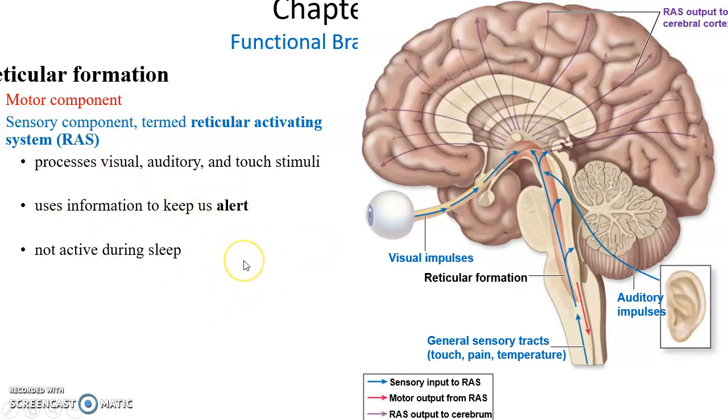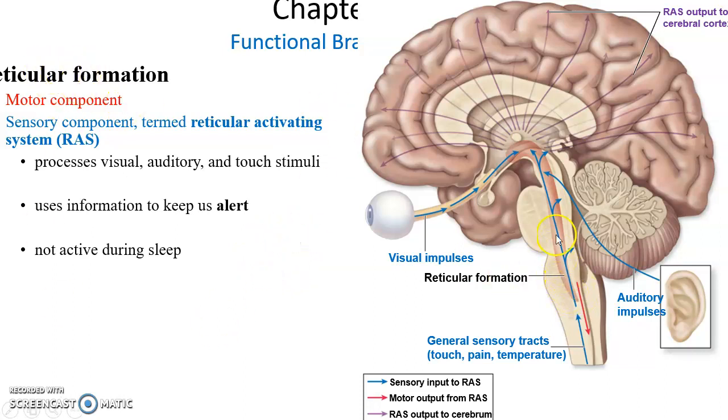So it uses the information so we're alert, we're aware of what's going on around us at some level, whether it's conscious or not. And this sensory component, the reticular activating system, is not active when we're asleep. That's part of the reason why we're not so aware of what's going on around us when we're asleep.